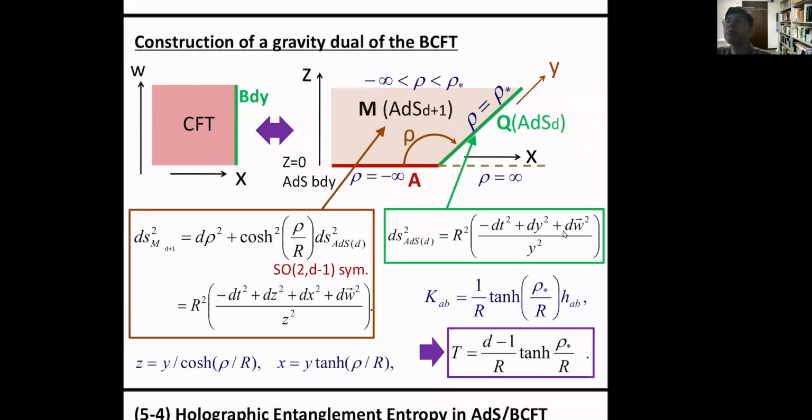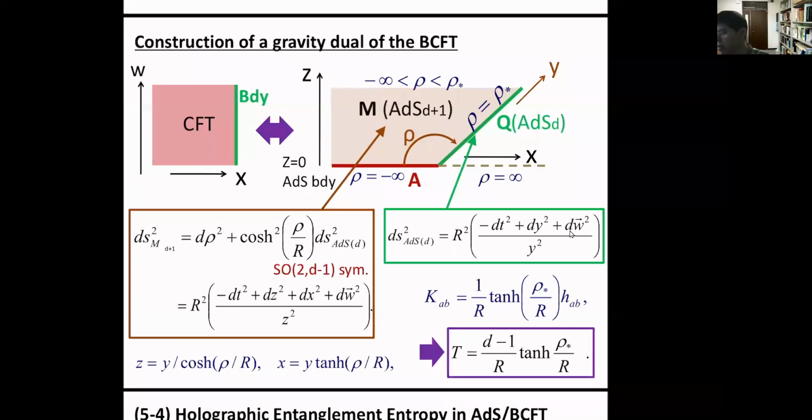This is shown here. What we had in mind is a CFT with a boundary, a straight line boundary. It's just a plane boundary, right? And this is the W direction. W is one space direction. The time direction, you can imagine, is also going into the screen.